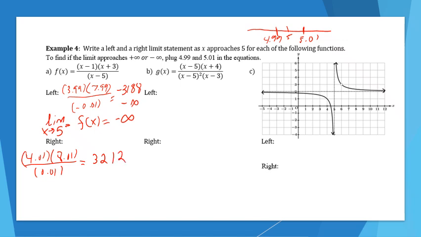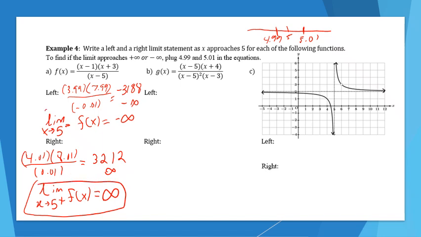And so this would be the limit as x approaches 5 coming in from the right hand side of f of x equals, and this is going to basically be positive infinity there. Right? So these should be our two correct limit statements there.